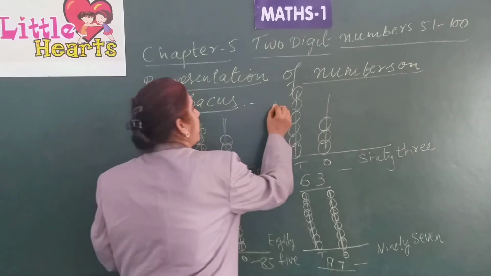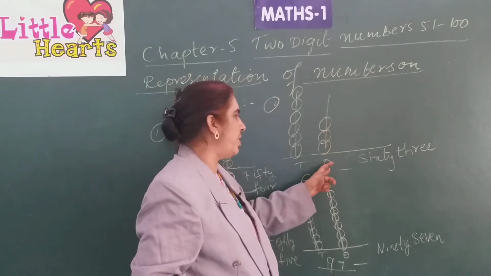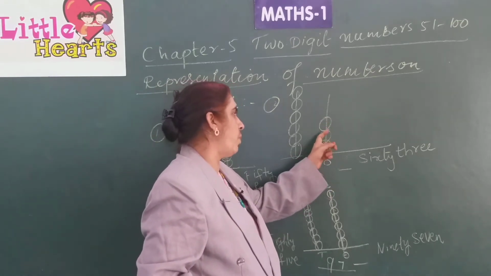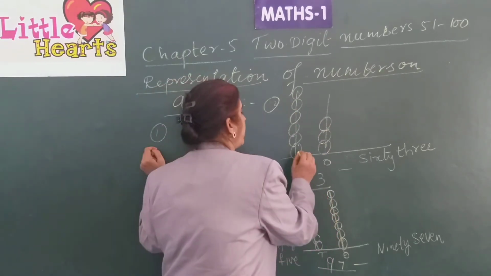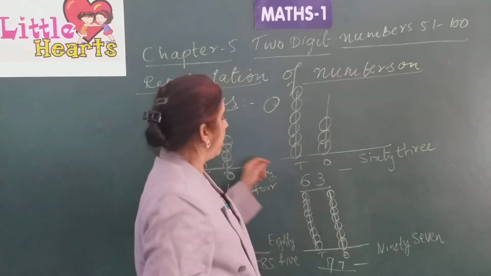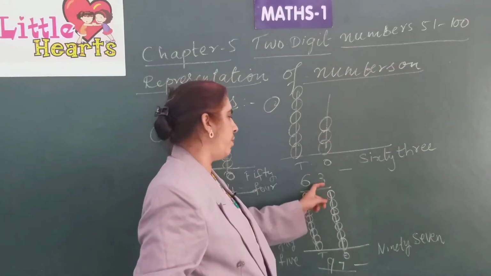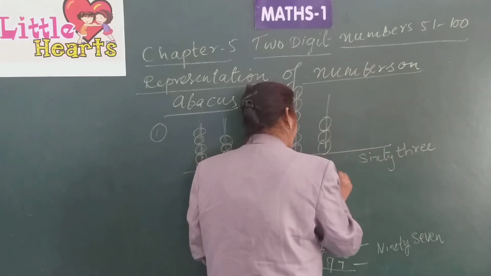And in this picture, see, there are 2 sticks. On the first stick, in the 1's place, count the number of beads: 1, 2, 3, 3. And in the second, in the 10's place, 1, 2, 3, 4, 5, 6. 6 in the 10's and 3 in the 1's, and the number is 63.